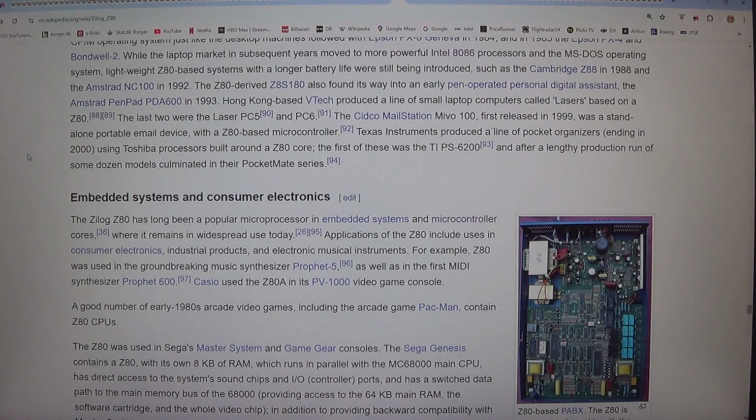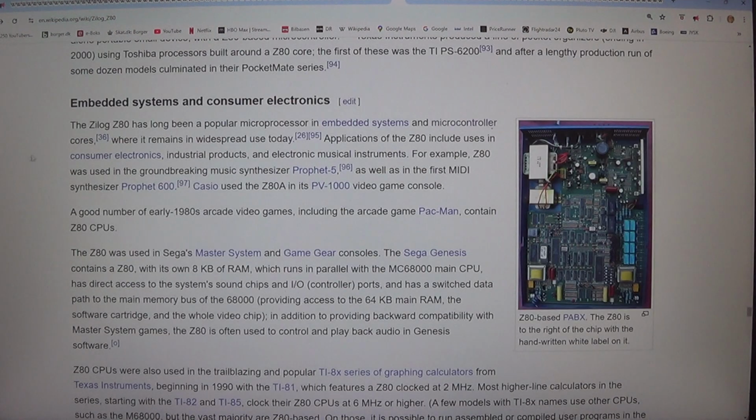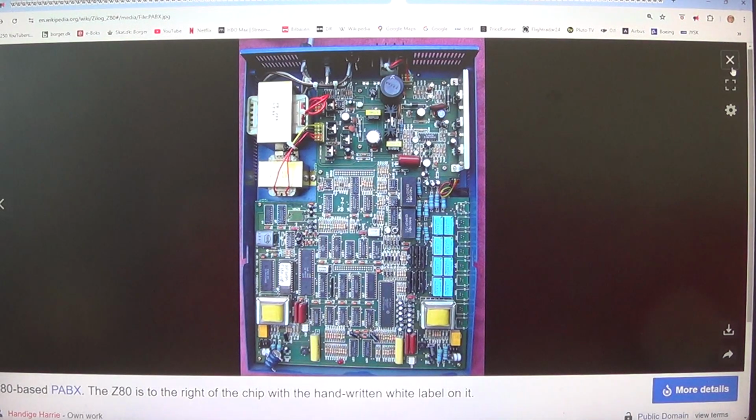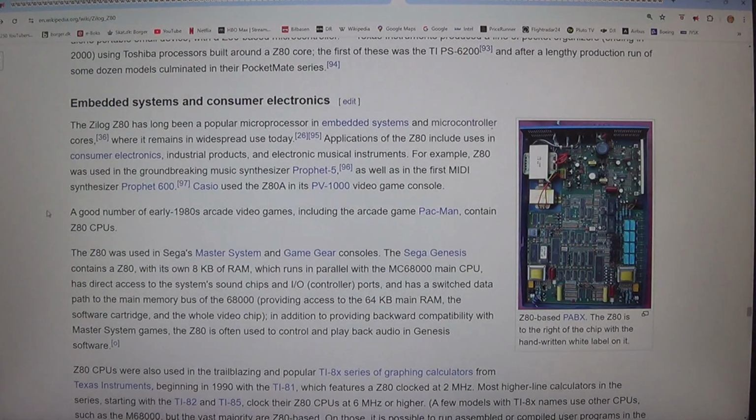Texas Instruments produced a line of pocket organizers, ending in 2000, using Toshiba processors built around a Z80 core. The first of these was the TPS 6200, and after a lengthy production run of some dozen models culminated in their PocketMate series.